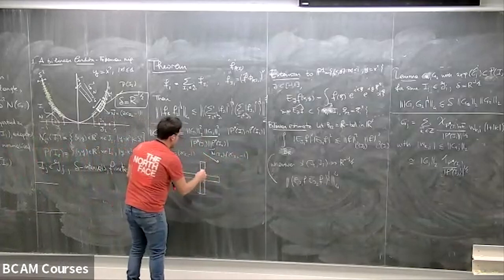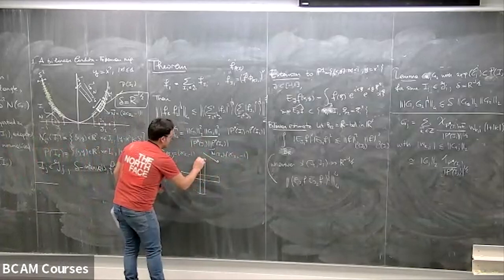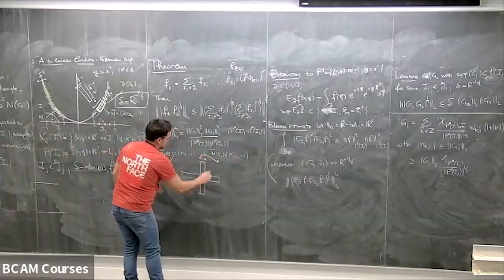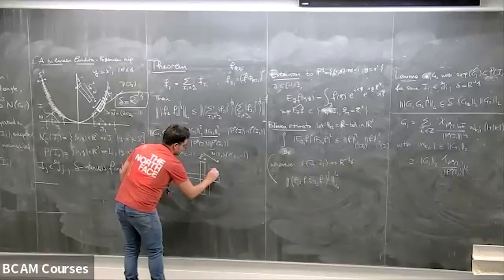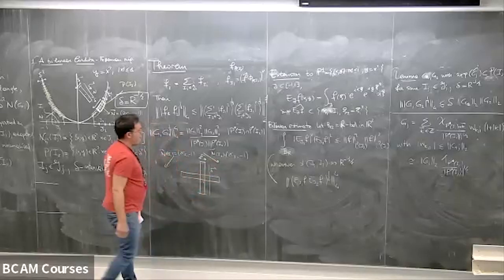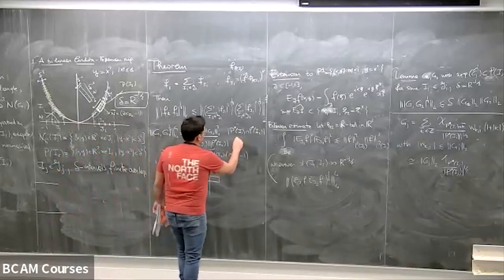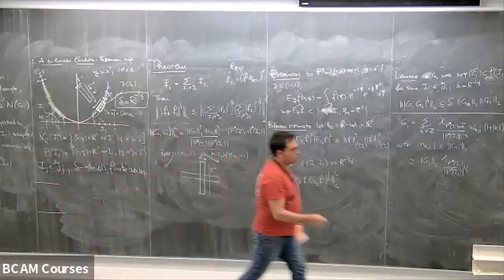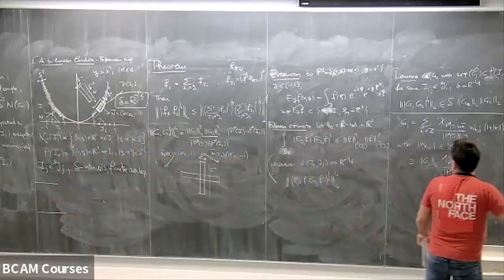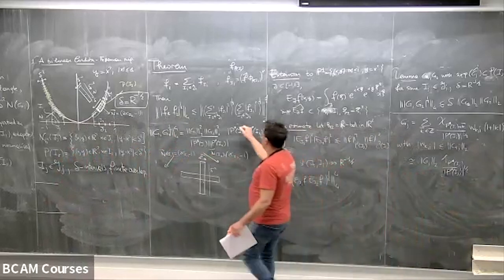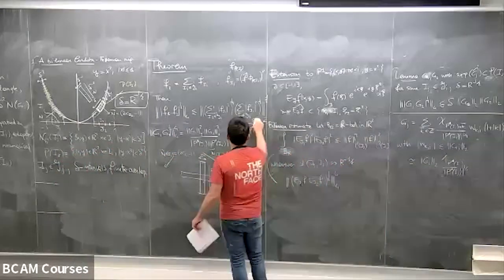Remember that this side is delta inverse, and this side is delta squared. And so the intersection, I need a color, the intersection is delta to the power 4.